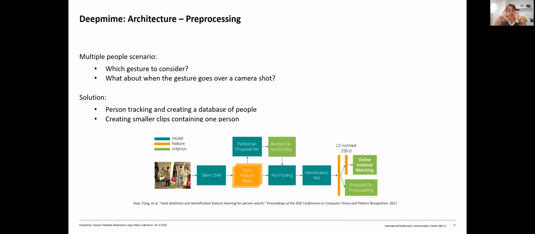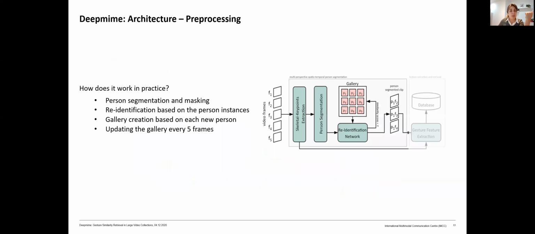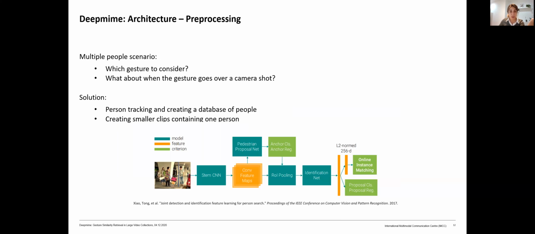So you have a bounding box around each person, and you take that box as the input to your search system. But in our method, we take the output of the segmentation as in here, just the masked version, and input it here for the search.